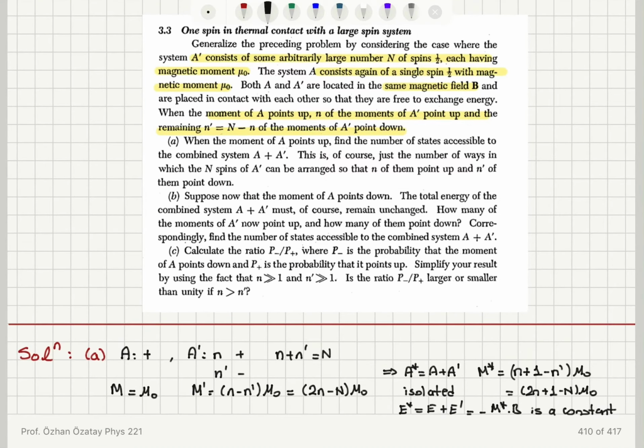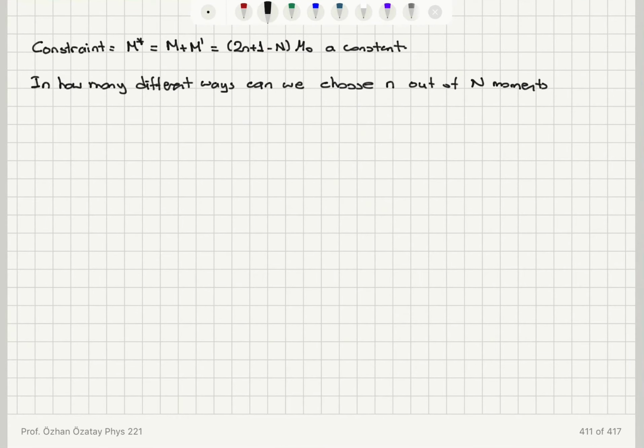So basically it's also noted here the number of ways in which the capital N spins of A prime can be arranged so that n of them point up and n prime of them point down. So this is the question. Can we choose and arrange basically? So we're looking for the number of combinations.